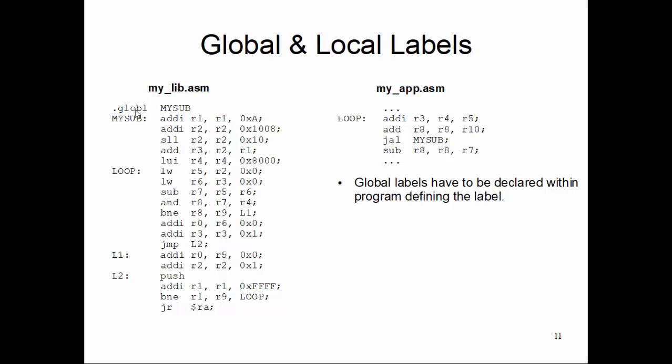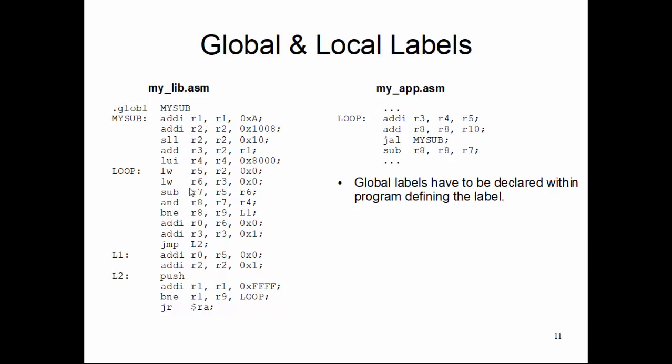This information is used by the linker tool. So when an assembler assembles this piece of code, mylib.asm, and creates an object code, it also makes a note that this label my sub is a global label, so that the linker can find out if anywhere outside this source code my sub has been used or not.